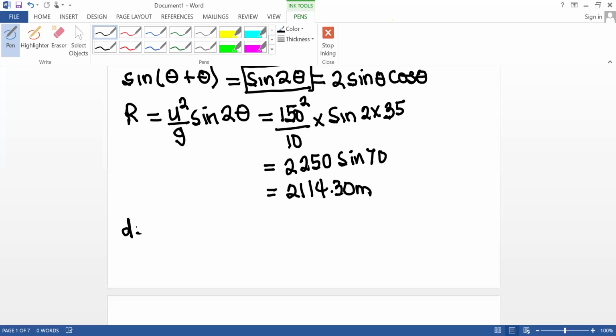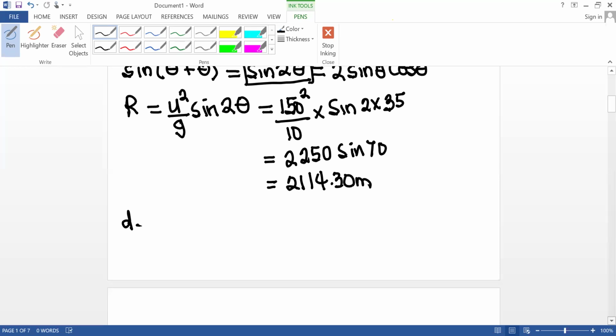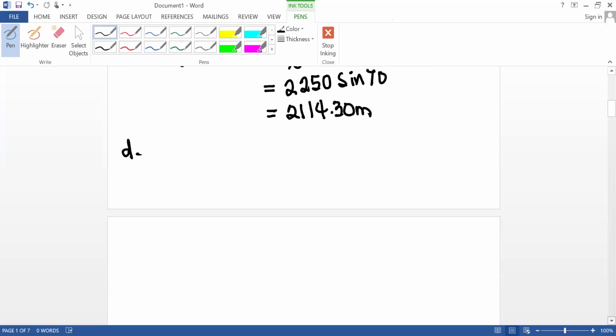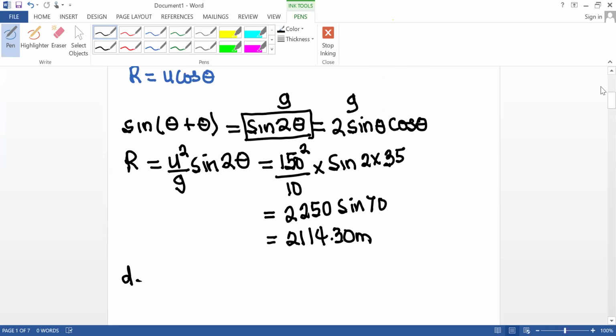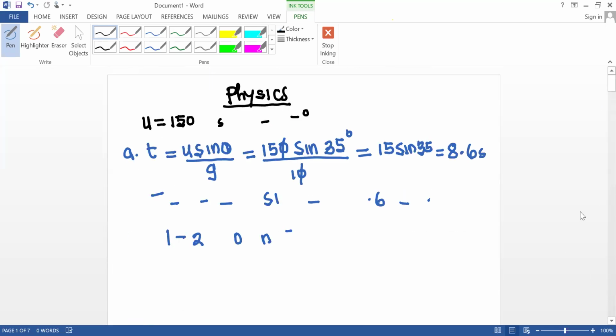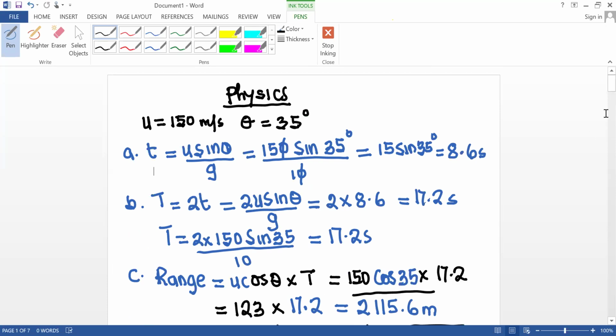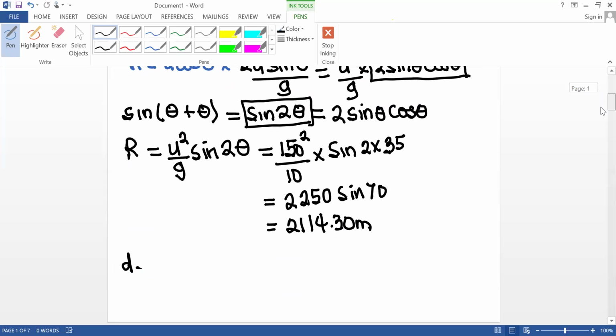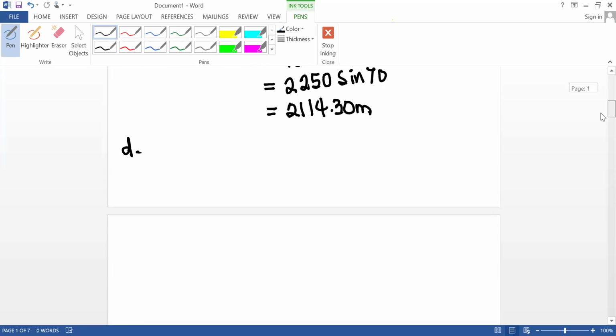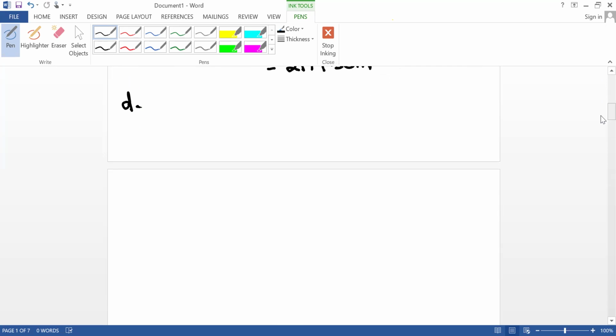Okay, so the velocity is such that at every point, there are two velocities acting on the body. However, when the body gets to the maximum height, the vertical component of the velocity goes to 0. So at the maximum height, if the vertical velocity is 0, then it is only the horizontal velocity that moves the body.